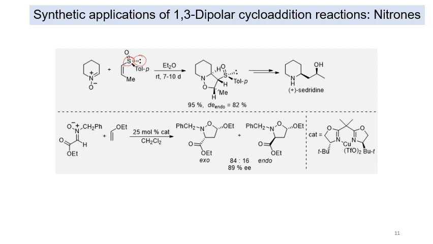They are very important, sometimes used as very important chiral auxiliaries. So you can see here this cycloaddition leads to this heterocycle which can now be cleaved reductively and taken forward in several steps in a natural product synthesis.